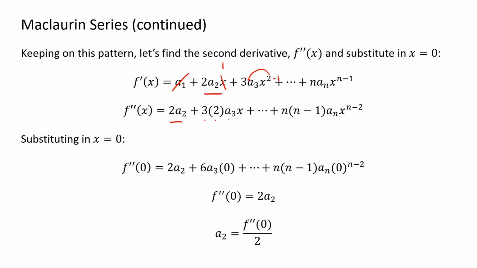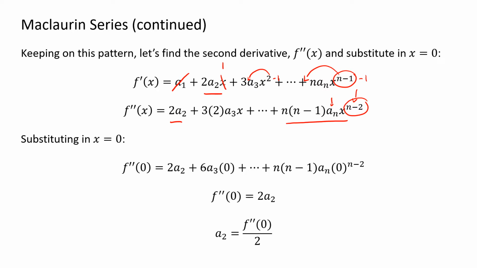So this becomes 3 times 2, a3 times x. And if you keep going, we finish on our final term, which is n times n minus 1, a_n. And again, just like we did before, we brought the exponent down, and we have to subtract 1 from it, so we get n minus 2.